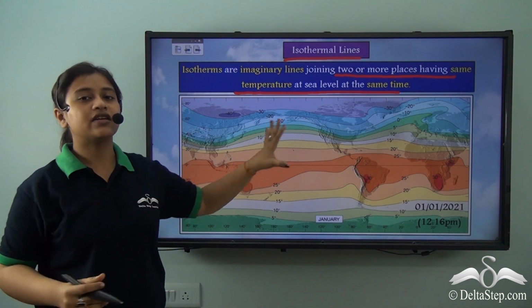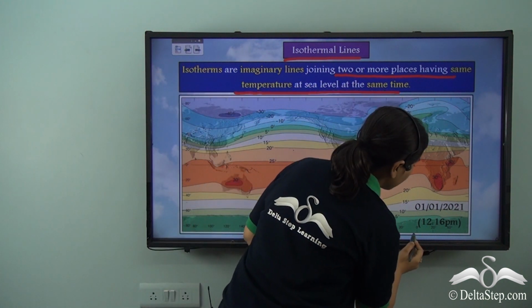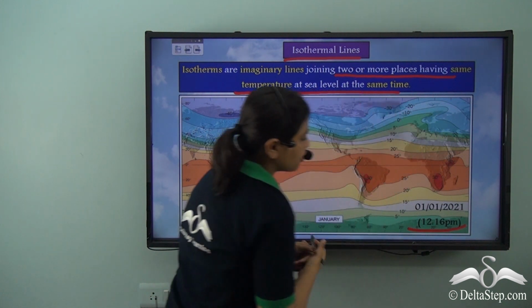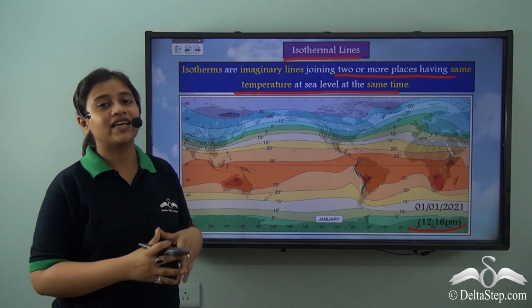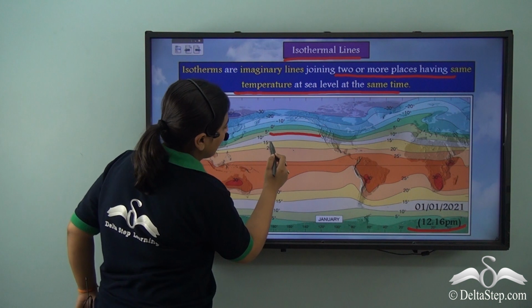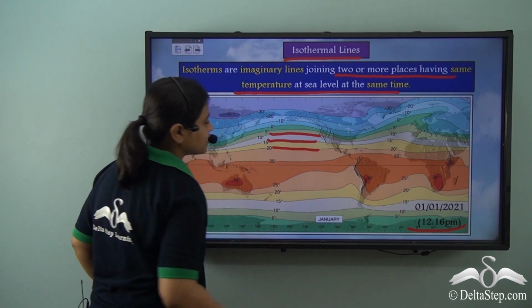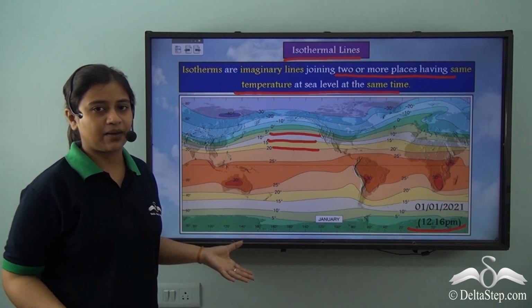So this particular image is of January 2021, and the time when it was recorded, it is 12:16 p.m. So isothermal lines or isotherms are these lines on the map that join places having the same temperature at sea level at the same time, right?